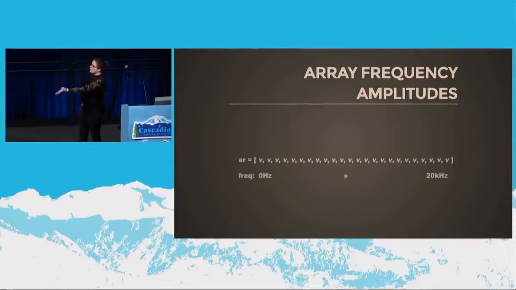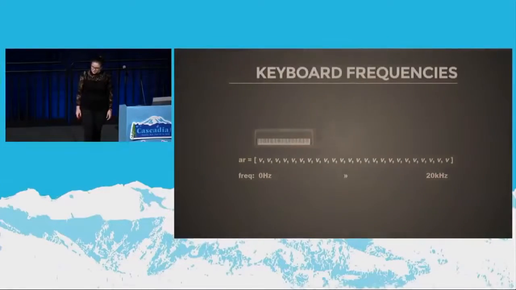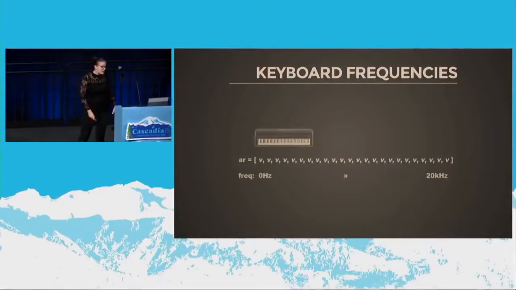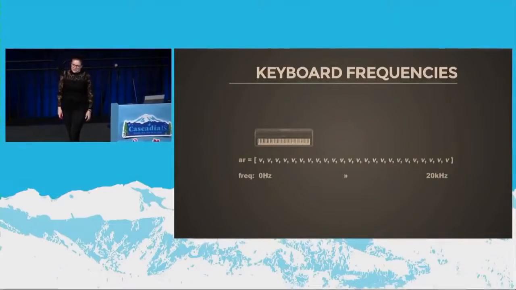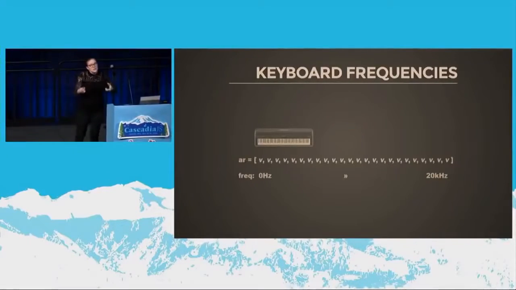So that's split up with however many items that you want to put in that array, and you get to define that. But one of the issues that we have with that is music doesn't run that high. Music, this is a musical keyboard, it probably sits around here on that scale, probably goes up to around 8,000 hertz. So when you're listening to music and you're analysing music, there's a whole bunch of items up in this top end of the array that you just don't need.